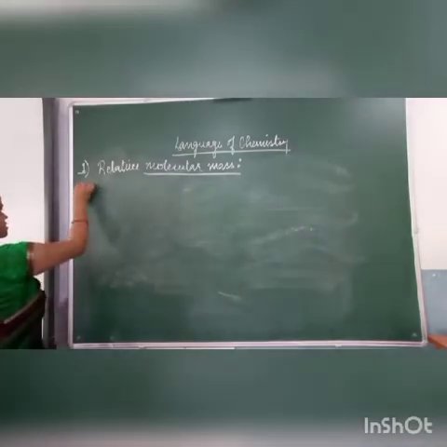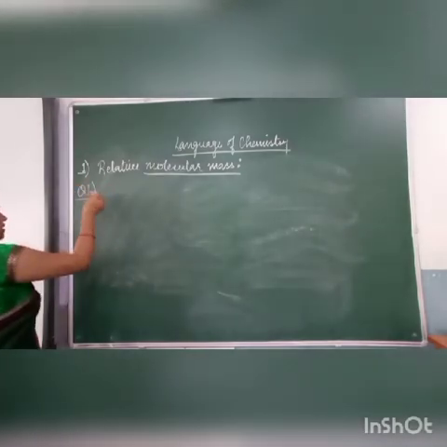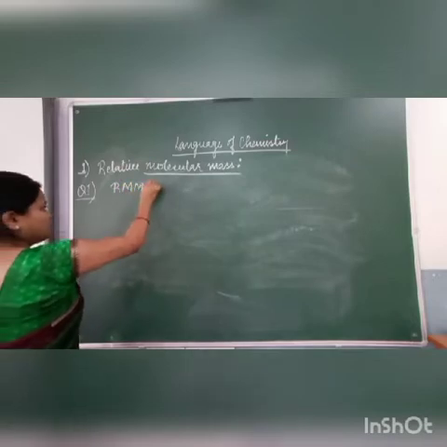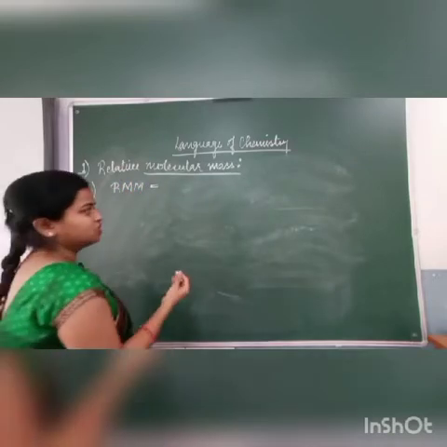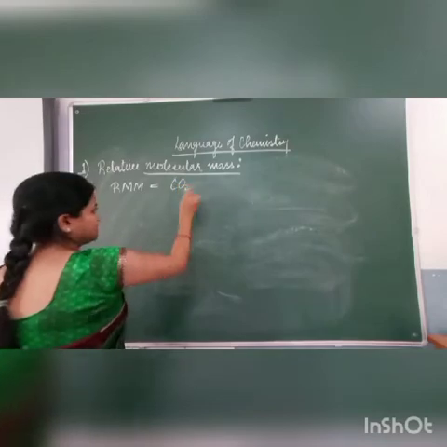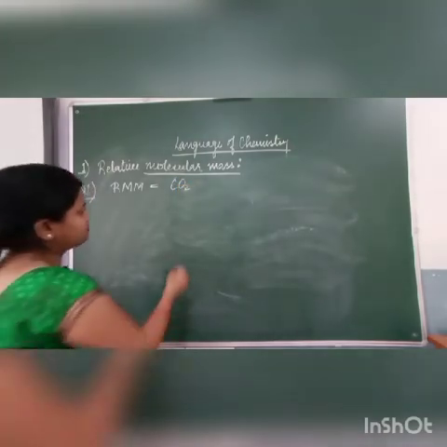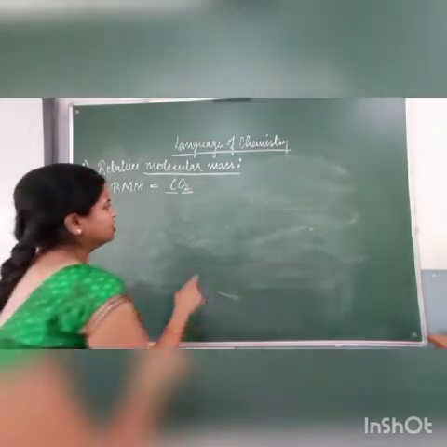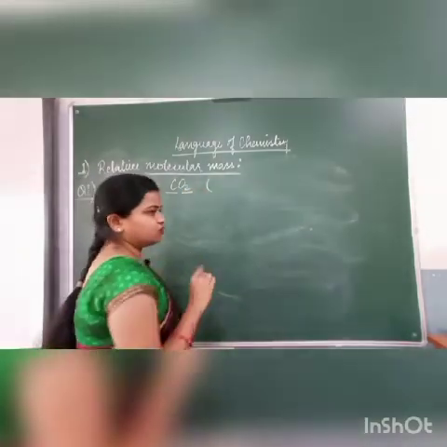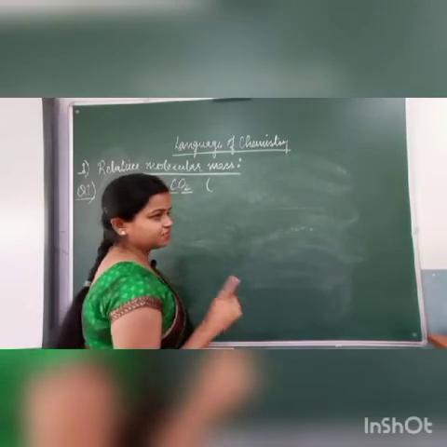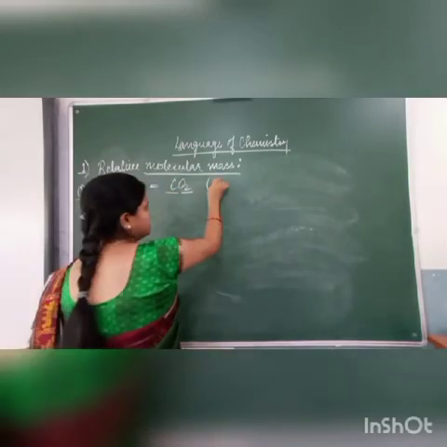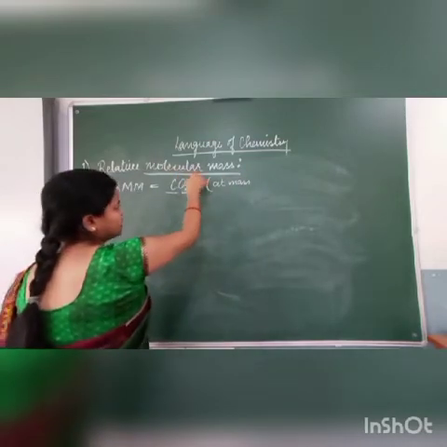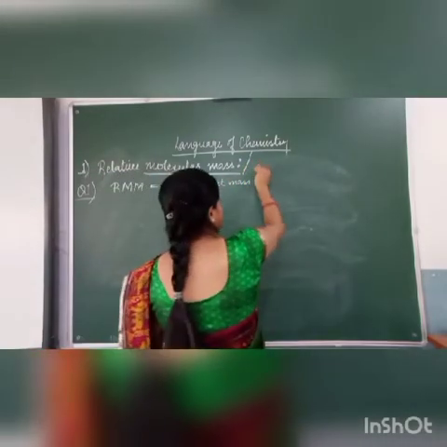Suppose question number 1 asks you to calculate the relative molecular mass of carbon dioxide. First we need the mass of carbon, then the mass of oxygen. In the question it will be given, but still we need to learn it, such as atomic mass. This molecular mass can also be written as atomic mass.